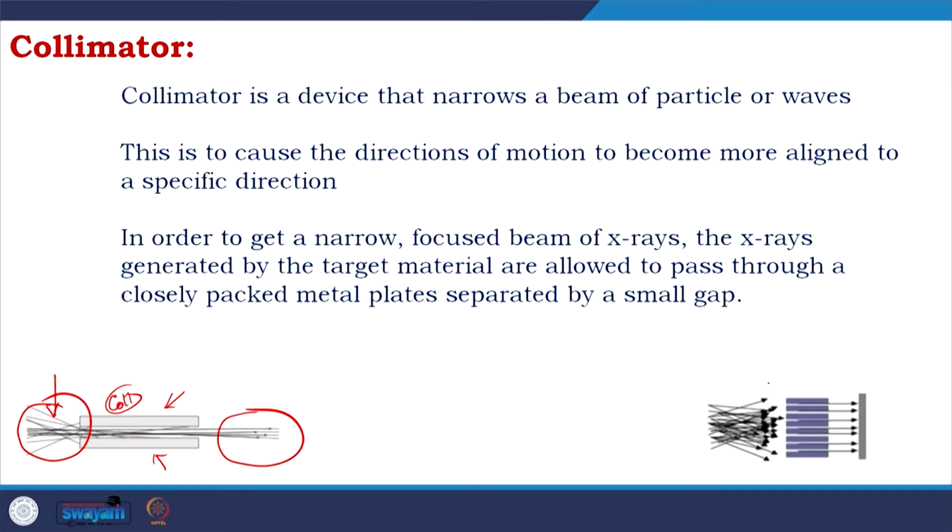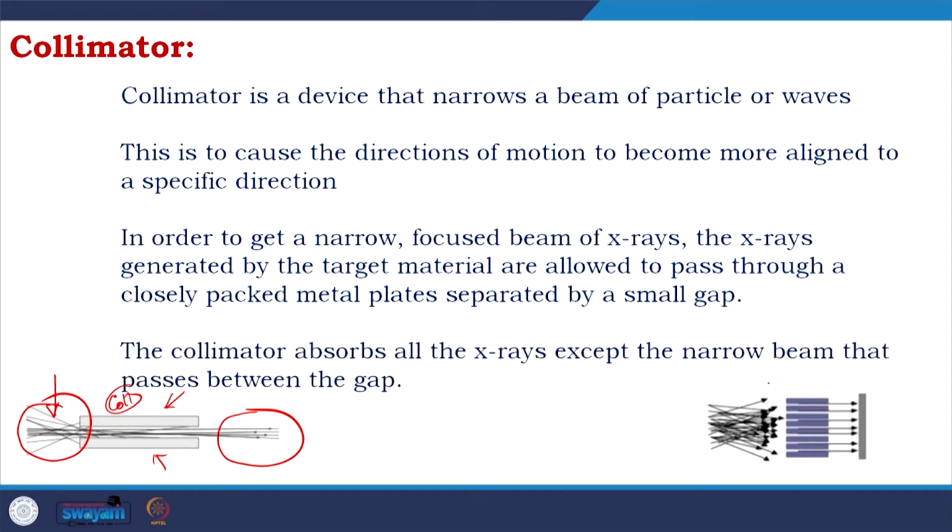So, this is what is actually used. So, the closely packed metal plates, they are separated by small gaps and they channelize the beams. The collimator absorbs all the X-rays except the narrow beam that passes between the gaps. So, only those which are allowed are actually going through and working, the rest of them are absorbed.